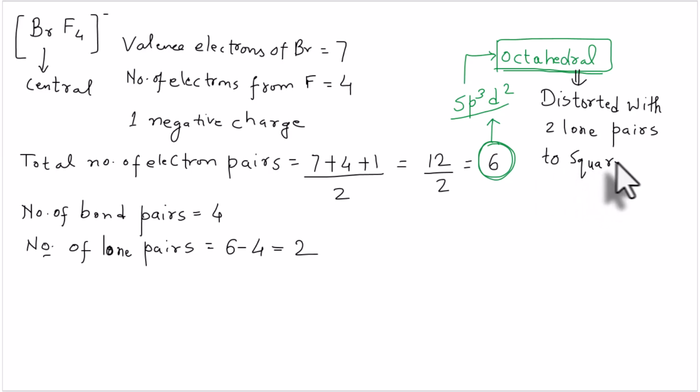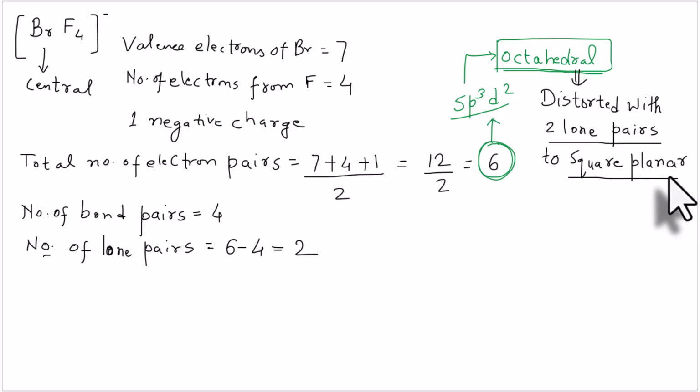We have also seen this while learning the VSEPR theory, how the geometry is affected by the presence of lone pairs. The octahedral, which is the regular geometry, when there are 2 lone pairs, is distorted to the square planar geometry.